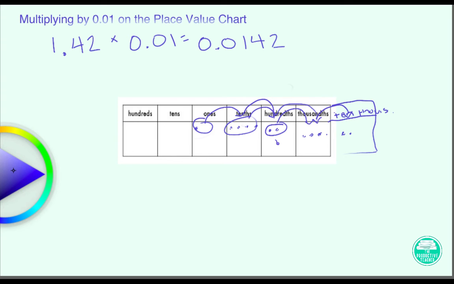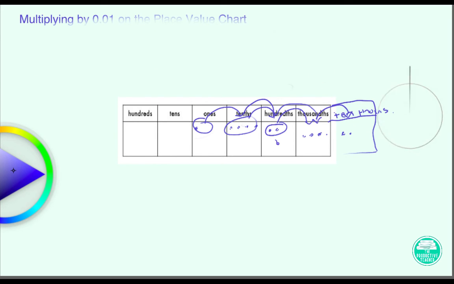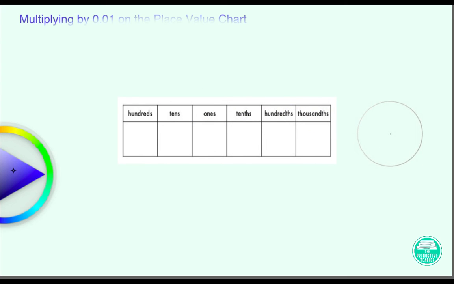Let's erase this work. Oops, I erased my title too. And let's say I am multiplying 2 times 0.03 instead of 100th. What am I going to do?